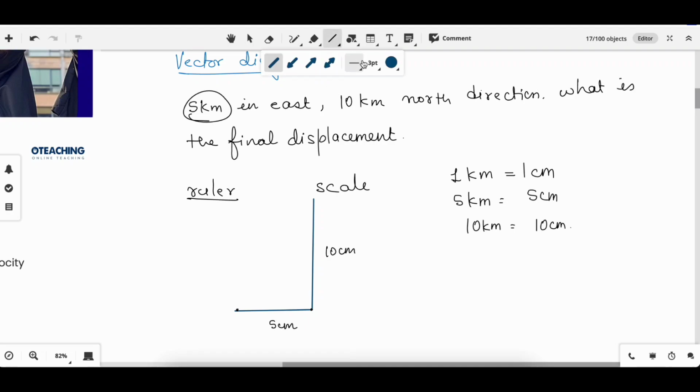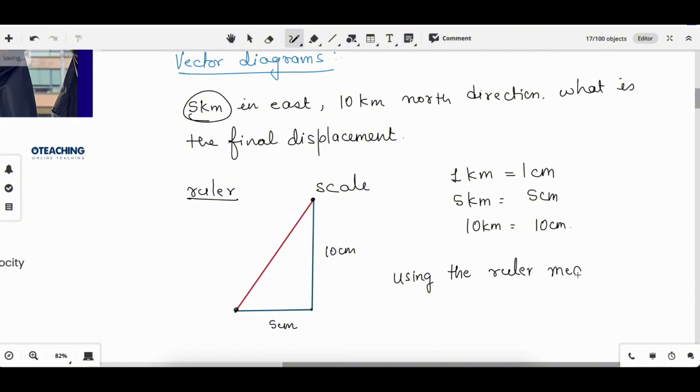Now, how would you find out the resultant? You just join this line, complete the triangle, okay, and using the ruler, you measure the length of this line. Okay, using the ruler, measure the length of the hypotenuse. Correct?